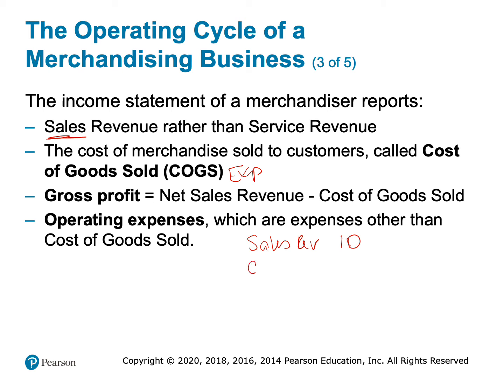So every time I sell a t-shirt, I'm going to record revenue of $10, and then I'm going to also have this expense of $4. So that means that my gross profit is $6. That's the profit that I earned just from selling the t-shirt. Now that's not overall profit because I've still got to pay all my other operating expenses out of that. But it's a measure of profit.